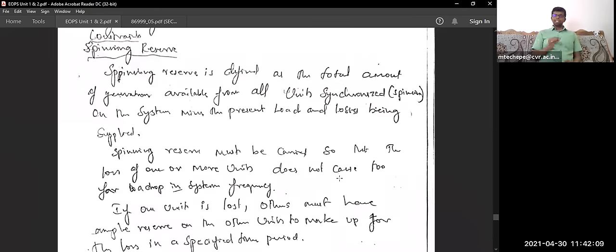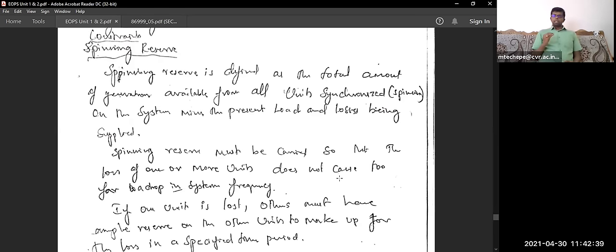So in that scenario they will run this particular generator for only a few minutes, some 10 to 15 minutes, up to a maximum of half an hour. For maintaining the frequency constant, or the voltage, for a particular time, they may go for this spinning reserve for sometimes only.